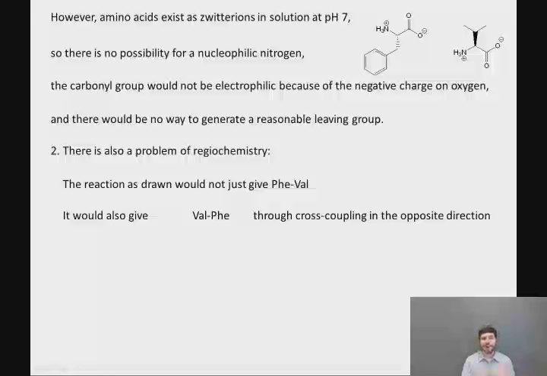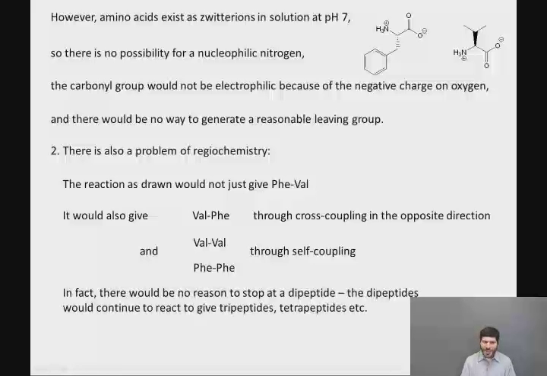There is no fundamental reason why in the mechanism I drew, valine's NH2 would have to be the nucleophile. Phenylalanine's NH2 could be the nucleophile and attack the carboxylate group of valine. And then furthermore, it would also give the valine-valine dimer and the phenylalanine-phenylalanine dimer through self-coupling. There is no fundamental reason why this reaction would give just a cross-coupled product.